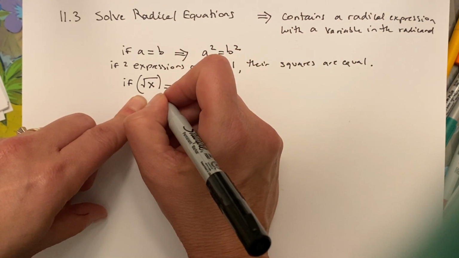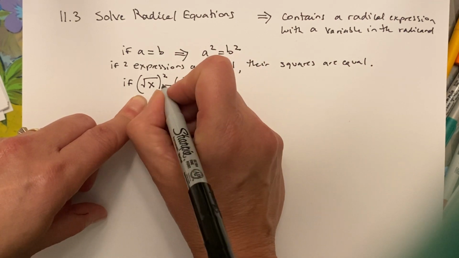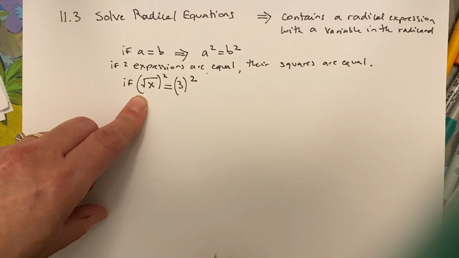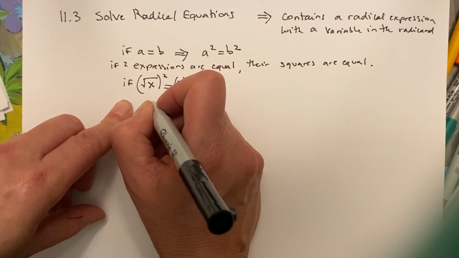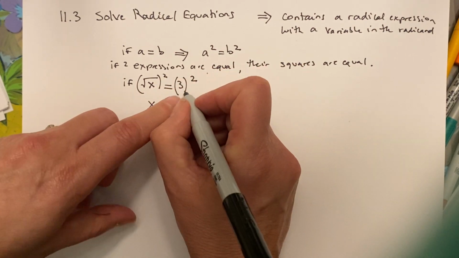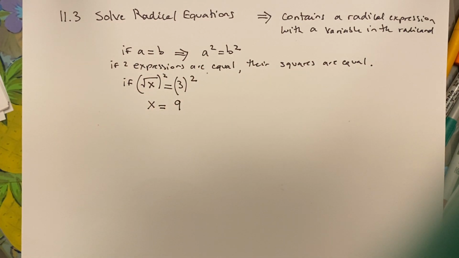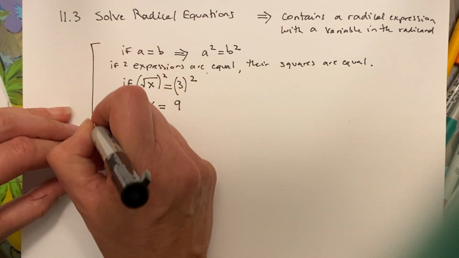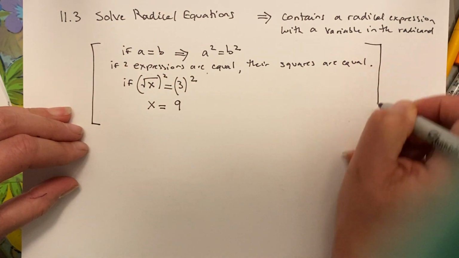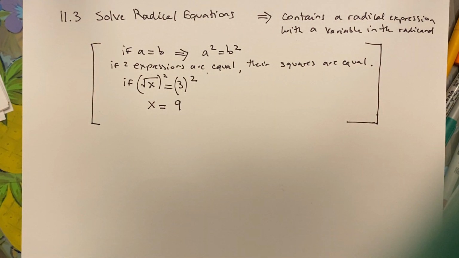So to undo a square root, you square. And whatever I do to one side, I do to the other. And so the square root of x squared just leaves x. And I end up with 3 squared is 9. So x equals 9. This is a very, very powerful tool, and we're going to use it quite a bit.